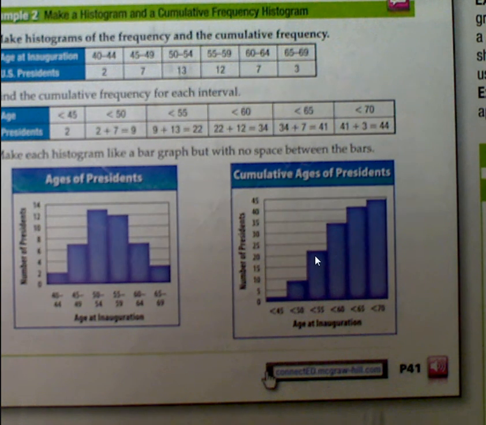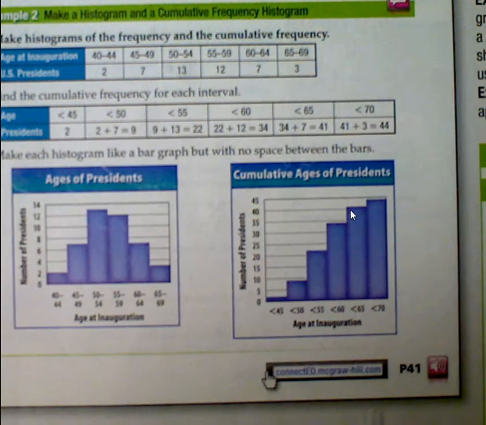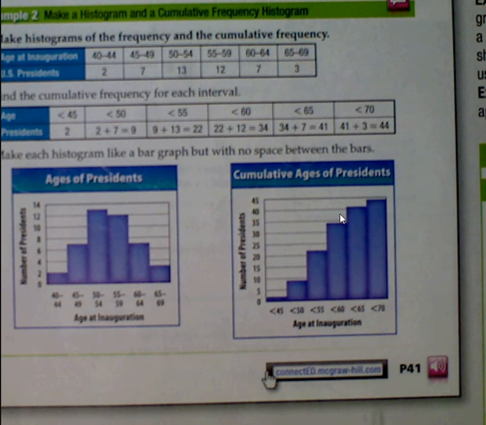Each of these keeps increasing, because then we take 9 and add that to 13. That's how they get 21 right here. And then you continue to add the previous. So that is what a cumulative bar graph is.